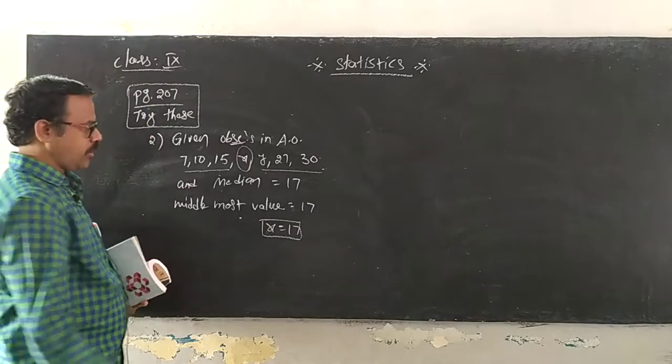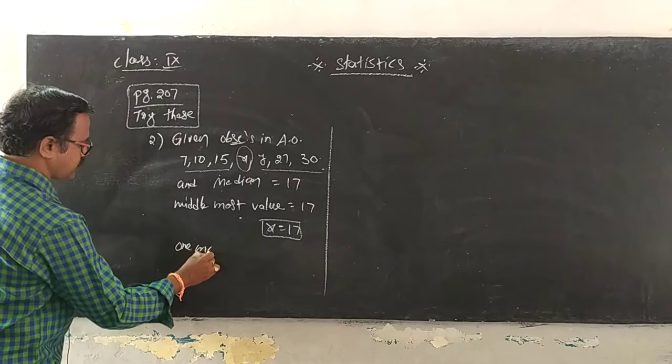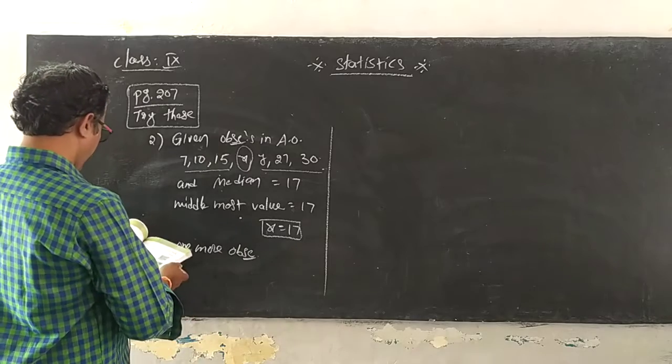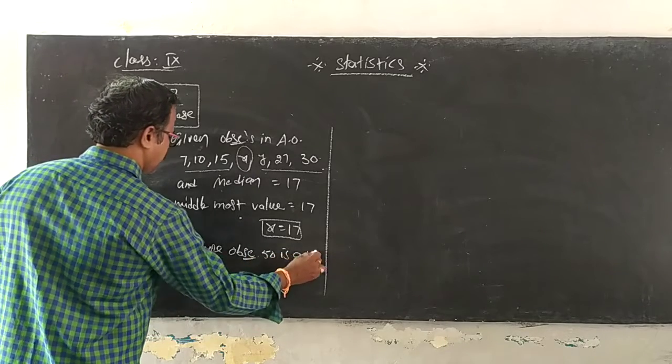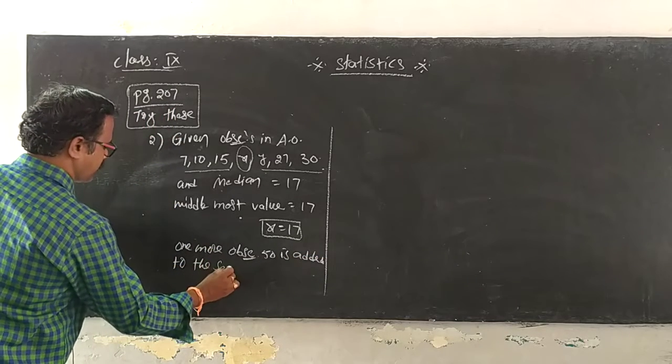Okay guys. Now after this, it is given that one more observation, 50, is added to the sequence.